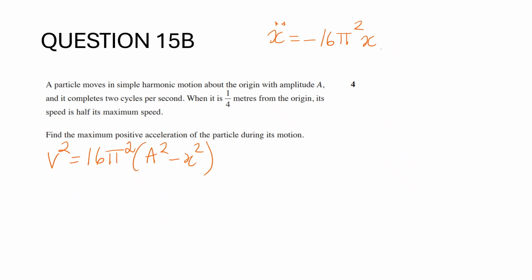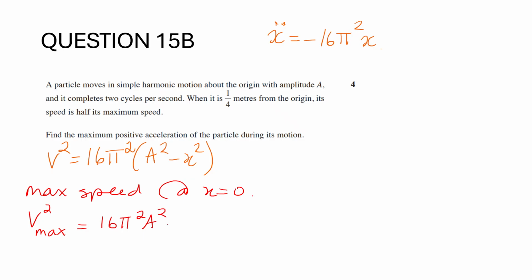Now we know that the maximum speed occurs at the center of the motion. So that's at x is equal to 0. So v squared max is equal to 16 pi squared a squared. And when x is equal to 1/4, the speed is half the maximum speed. So we don't want v squared, we want v.